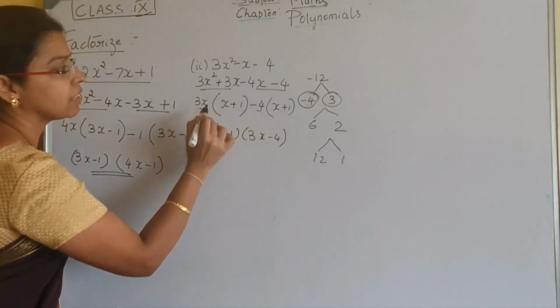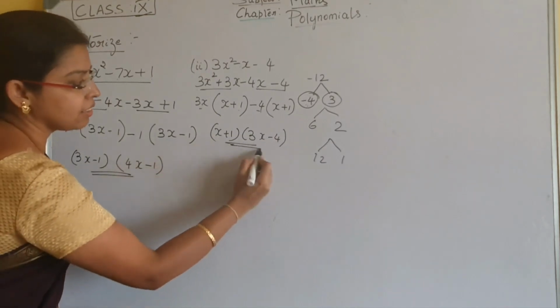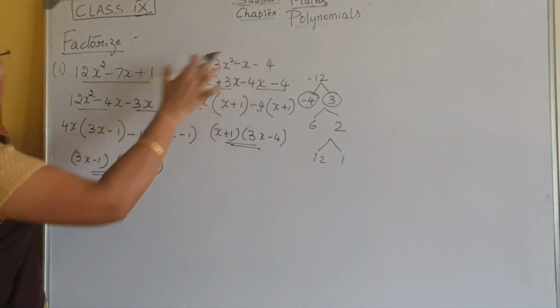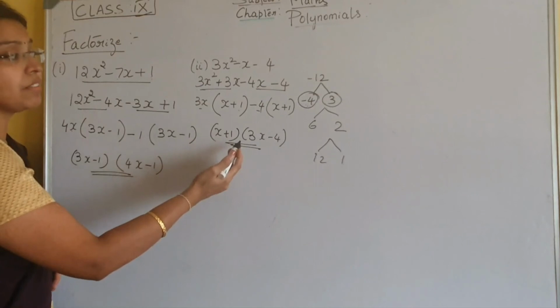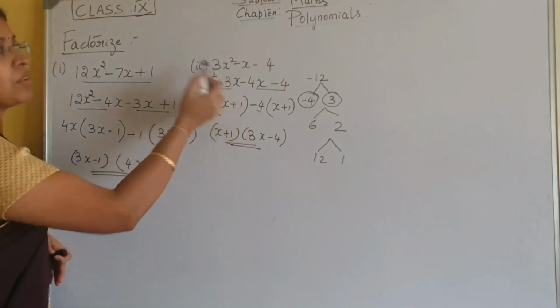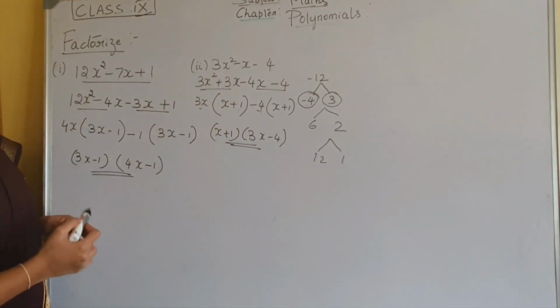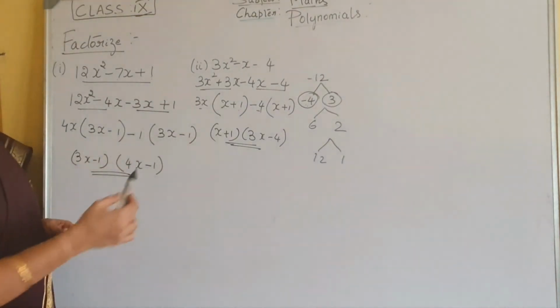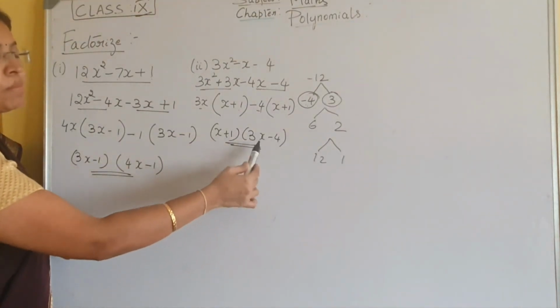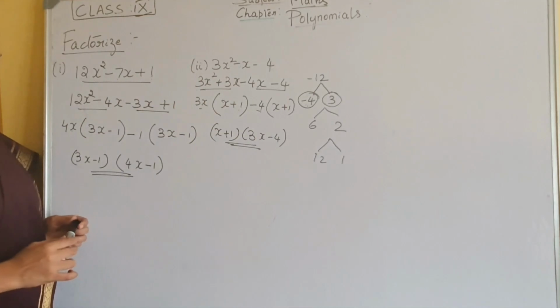Right? So these are the factors of this polynomial. That is, when we take the product of this, you will get 3x square minus x minus 4. We can verify that. If you multiply this, take each term and multiply, you will get back this polynomial.